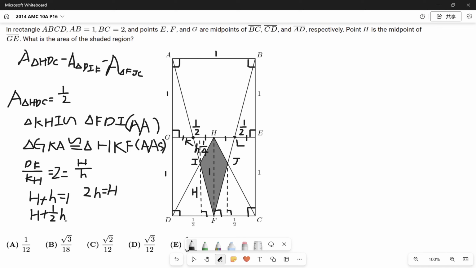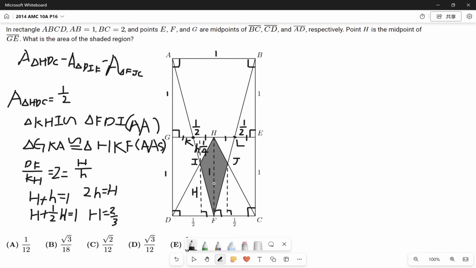So we have big H plus 1/2 big H is equal to 1, so we know that big H is going to be equal to 2 over 3. Great, we have the altitude of triangle IDF.